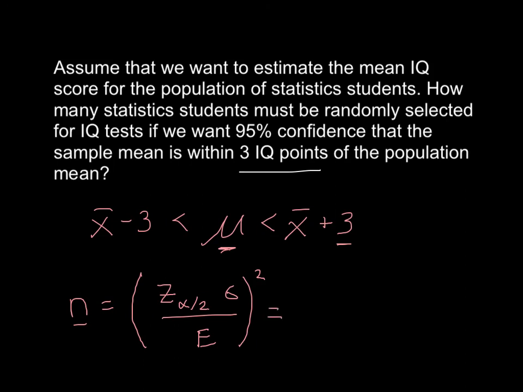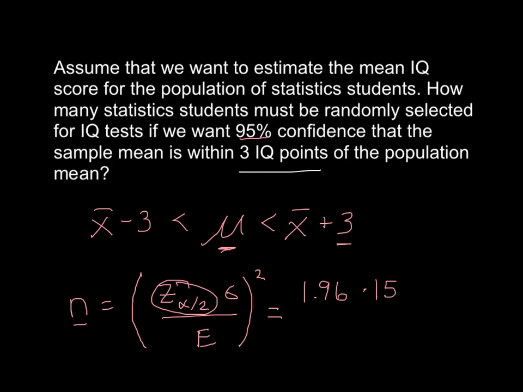For a 95% confidence interval, the z-score that goes with it is 1.96. Our sigma, although it wasn't said in this book, recall what we've done with IQ scores. Do you remember, in an IQ distribution, our mean was 100 with a standard deviation of 15.